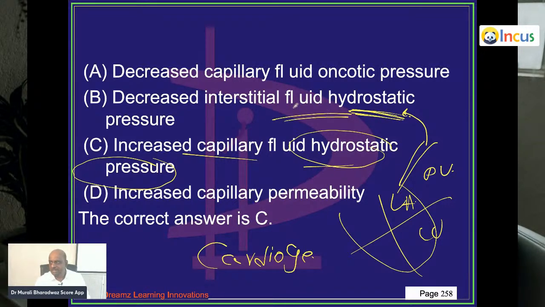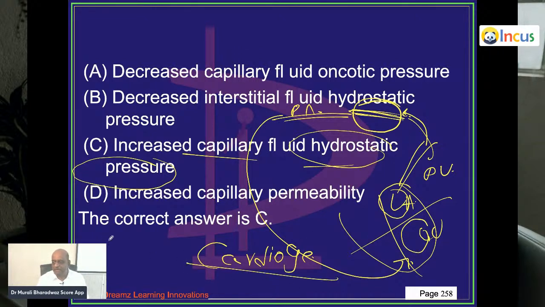Pulmonary capillaries are arising from pulmonary artery. Pulmonary artery is arising from right ventricle. So what is this called? Pulmonary capillary wedge pressure. It will be high whenever the left atrium, left side of the heart fails. So cardiogenic pulmonary edema is associated with increased pulmonary capillary wedge pressure.